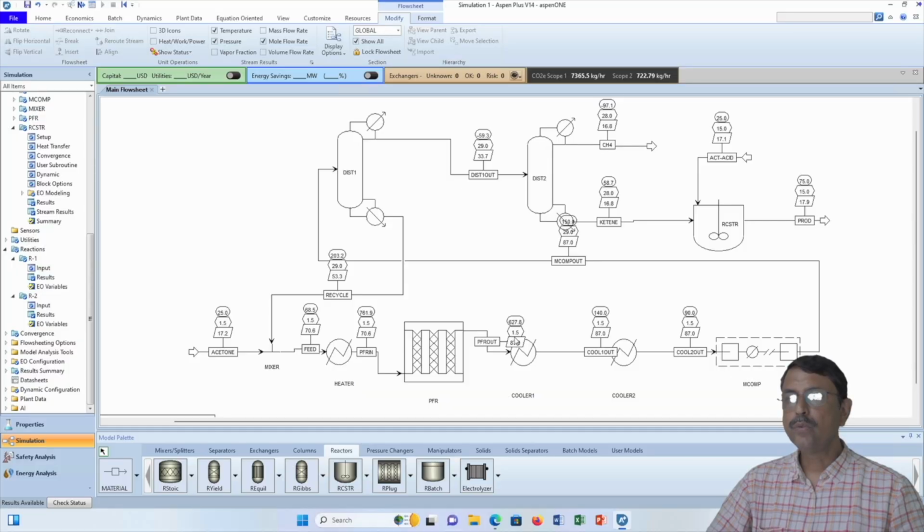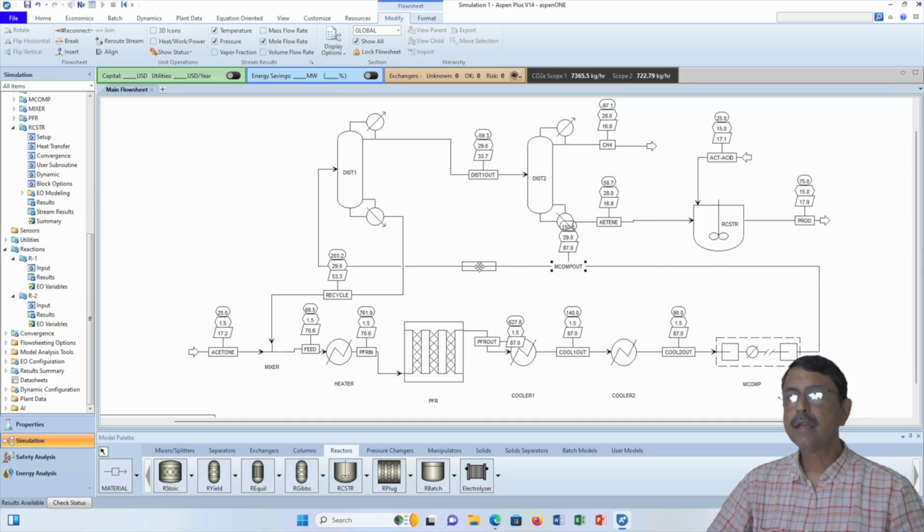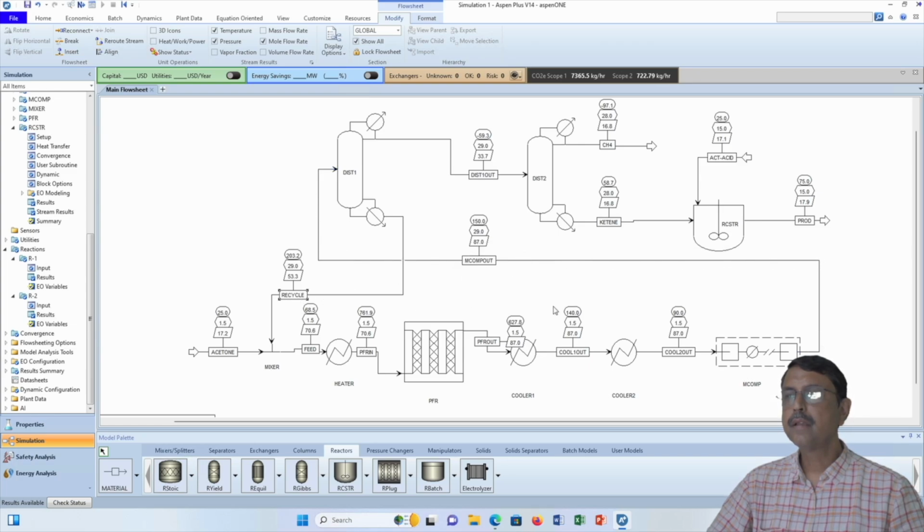And then this is cooled to 140 degrees centigrade, and then it is cooled to 90 degrees centigrade, and then it is again pumped over here, and you can see the temperature. It is 150 degrees centigrade. If you remember, the compressor, the last stage, operates at an outlet temperature of 150 degrees centigrade. So it is at 150 degrees centigrade.